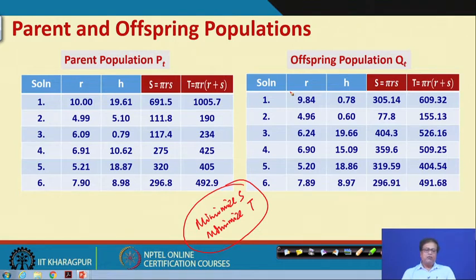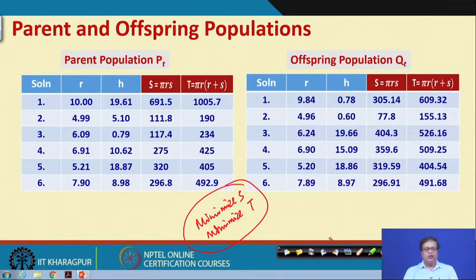How many are we going to have in our next generation? 6 of them. So, we have to choose. Question is, how am I going to choose them? Out of these 12, which are going to go to the next generation? Had it been ordinary kind of genetic algorithm, the offspring population will become our next generation. Recall that, parent population is generation 1, offspring population is generation 2.